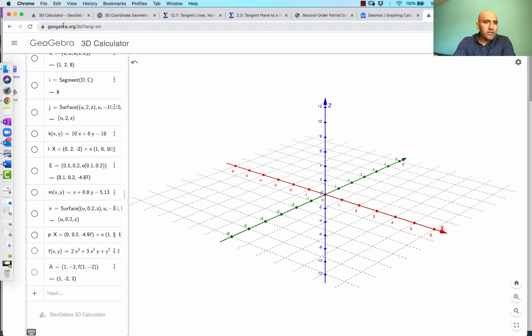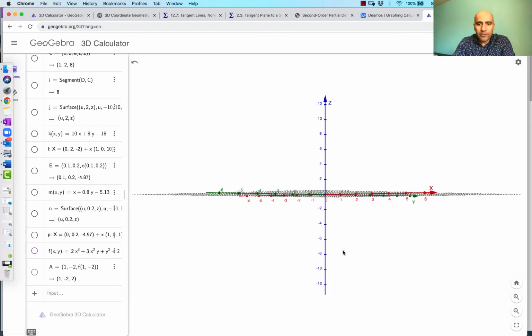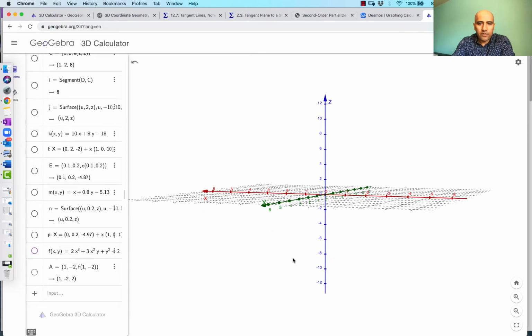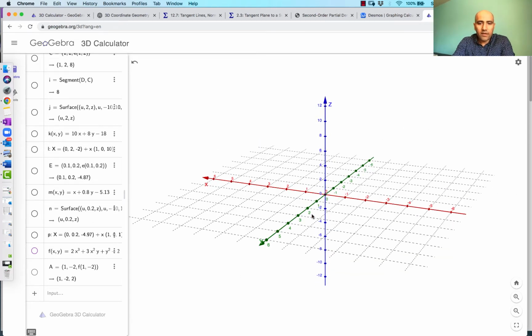Using the geogebra.org 3D calculator, here is this 3D grid. The plane that you see is what I often call the floor. It's the two-dimensional plane that describes the possible input values.